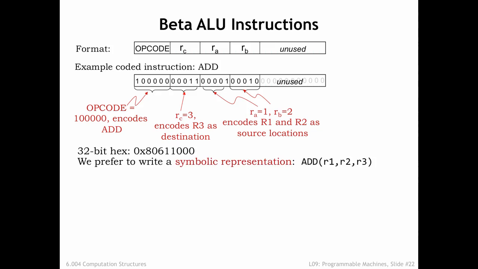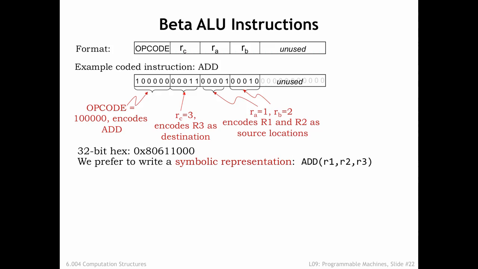Since it's tedious and error-prone to transcribe 32-bit binary values, we'll often use hexadecimal notation for the binary representation of an instruction. In this example, the hexadecimal notation for the encoded instruction is 80611000. However, it's much easier if we describe the instructions using a functional notation. For example, add(R1, R2, R3).